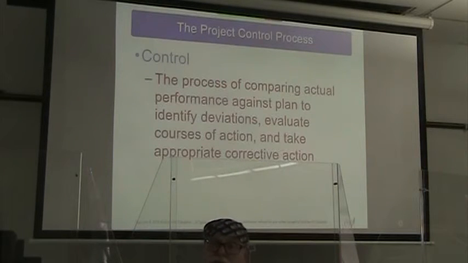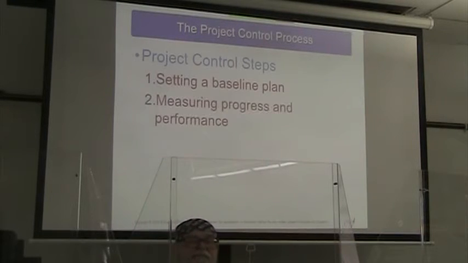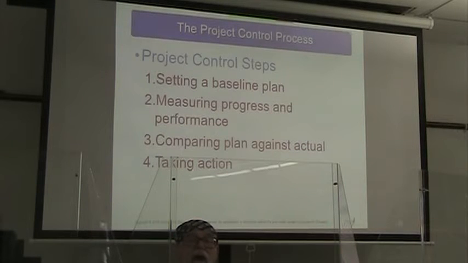All right, so then let's think about our project control process. Control we define as the process of comparing actual performance against plan to identify deviations, evaluate courses of action, and take appropriate corrective action. So, our project control steps, first of all, is setting a baseline plan.